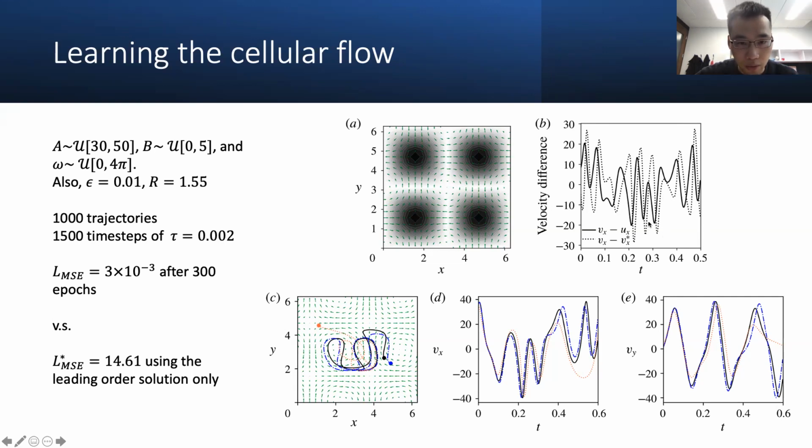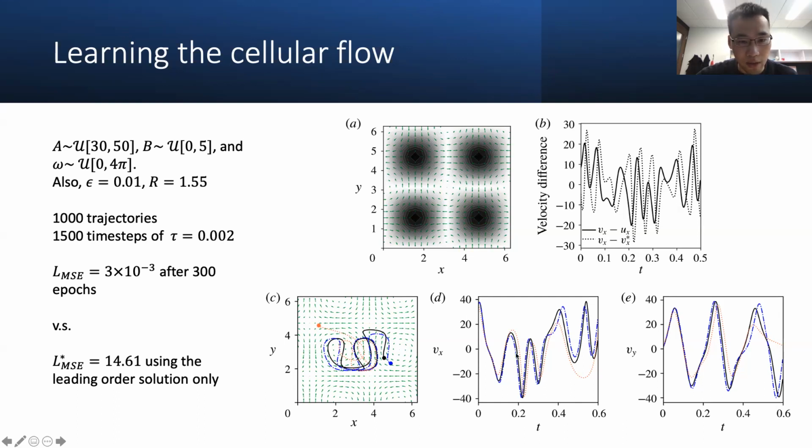And they were showing that the difference between the particle velocity and the leading order term is also pretty significant and somewhat in phase, or has certain correlation, with the difference between the particle velocity and the fluid velocity.